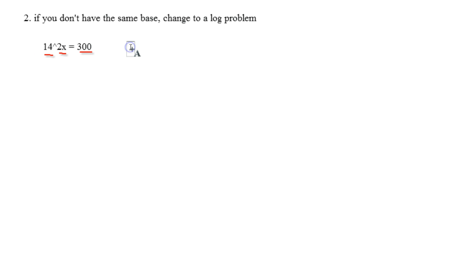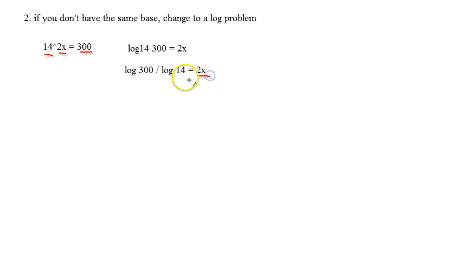So when I change it to a log, it's going to be log base 14 of 300 equals 2x. I don't know if you know this, but you can use change of base: log of 300 divided by log of 14 equals 2x.